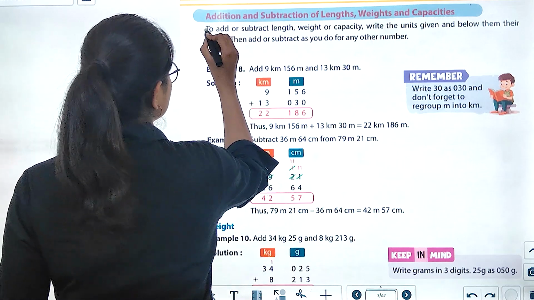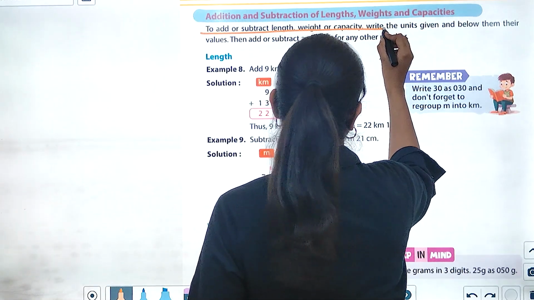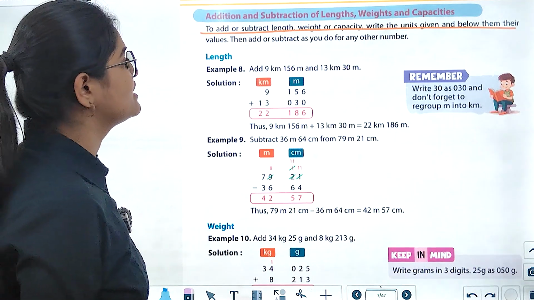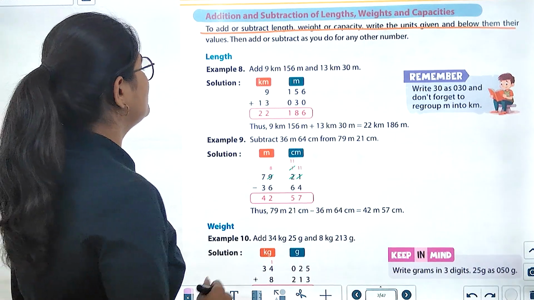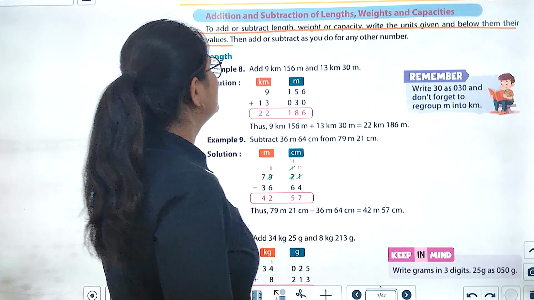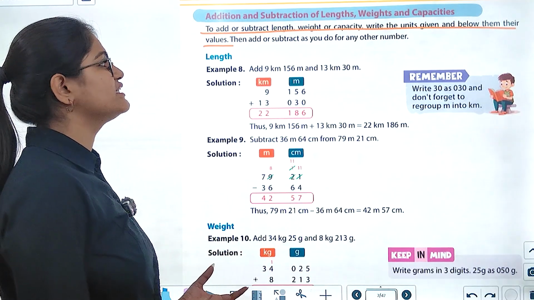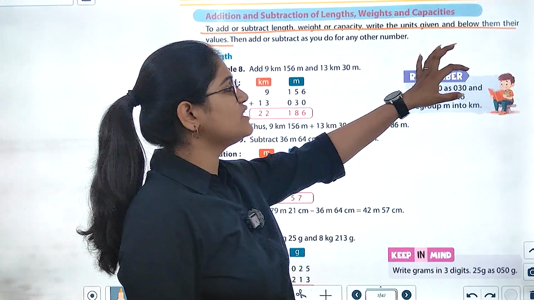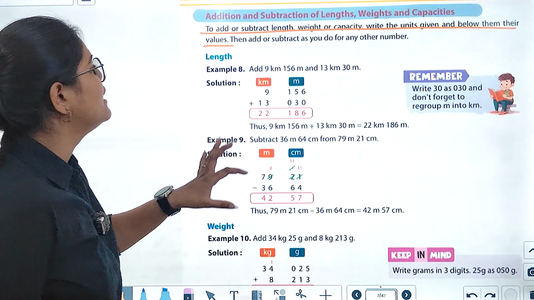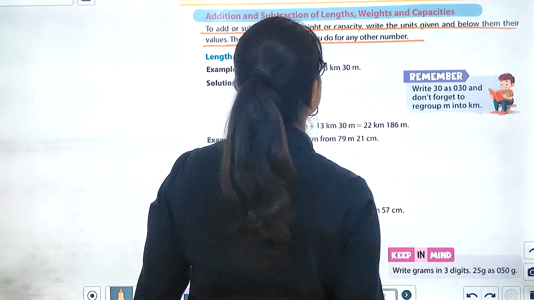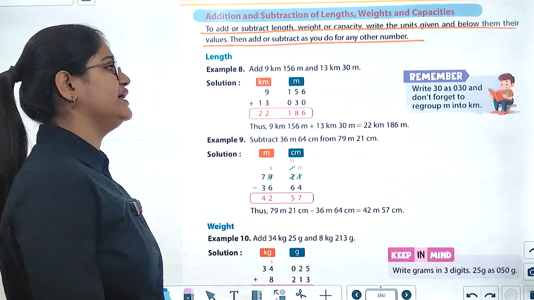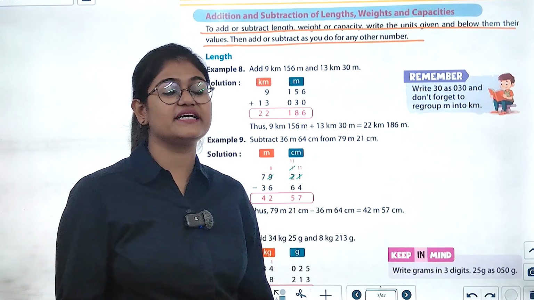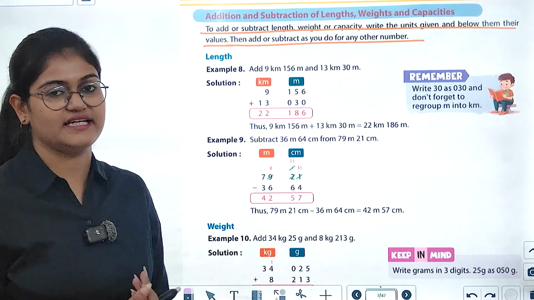It says to add or subtract length, weight or capacity, write the units given and below them their values, right? Then add or subtract as you do for any other numeral. So we simply add them the same way we add other numerals, correct?